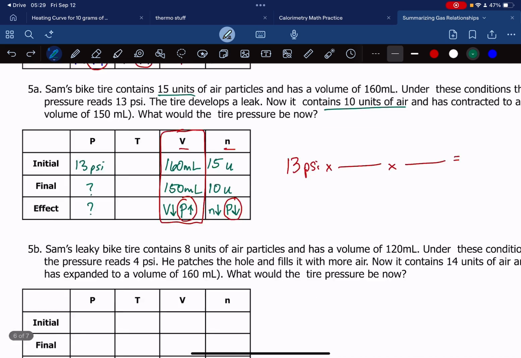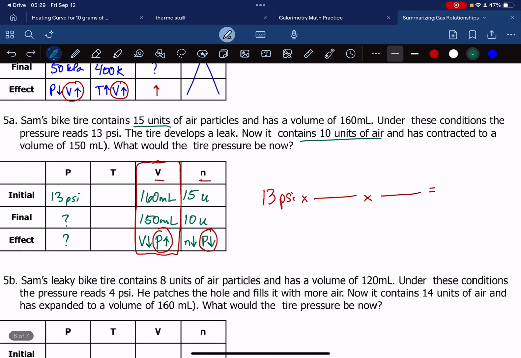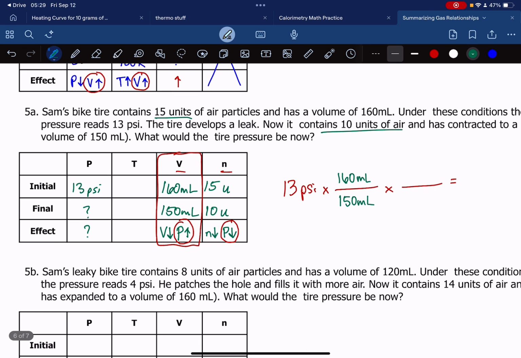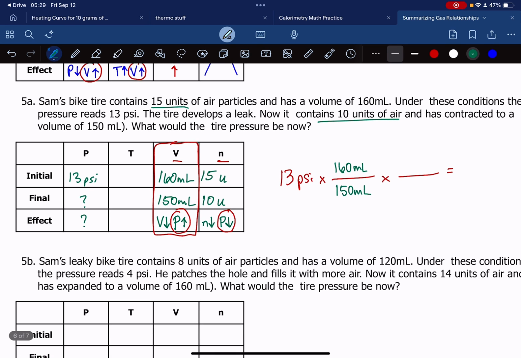So then I'm going to put the bigger number on top, 160 ml over 150 ml, right? Because that is the effect that volume has on this tire. The volume is getting smaller, and that does make the pressure increase. It does. We've seen it.